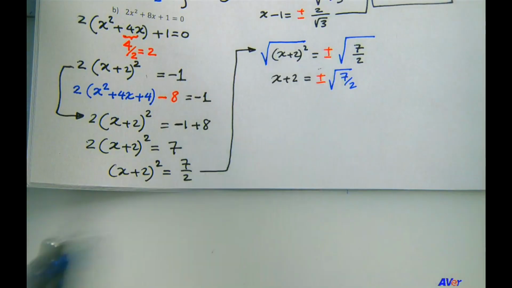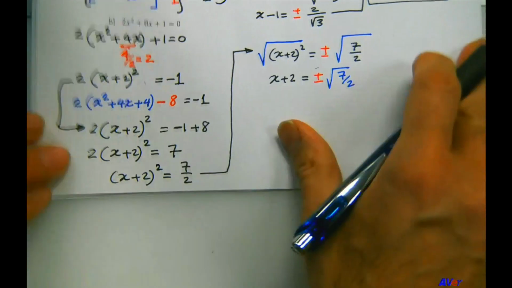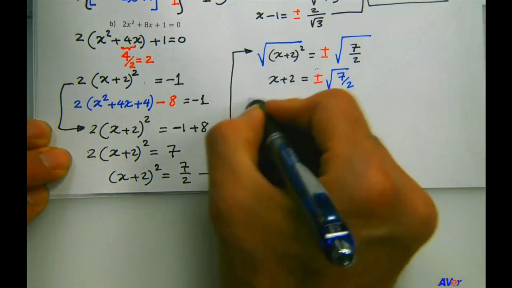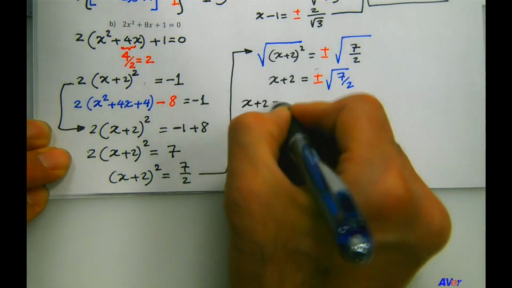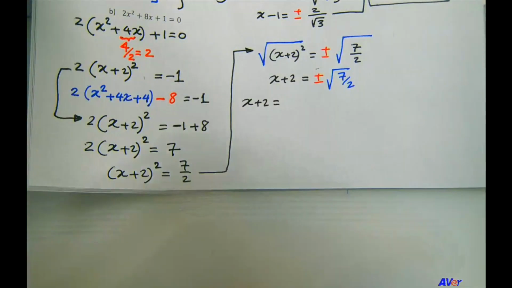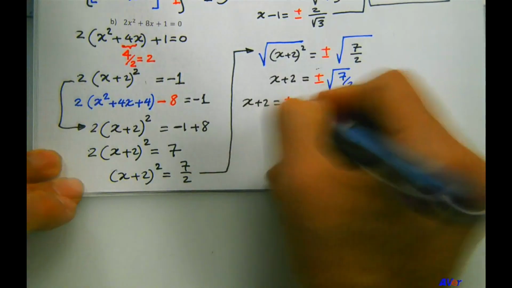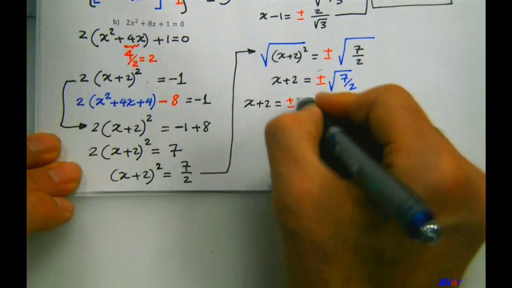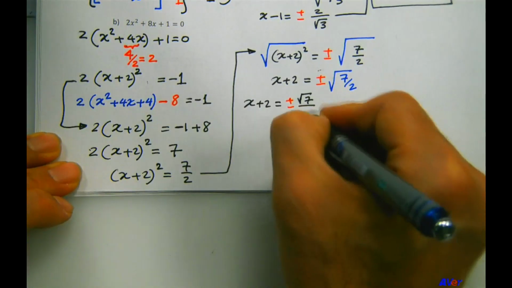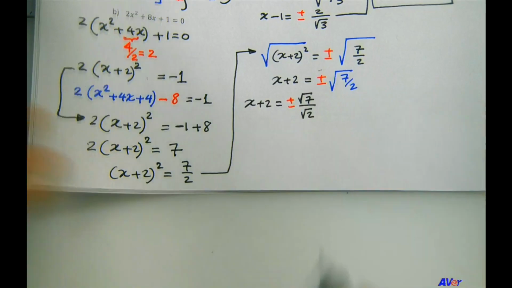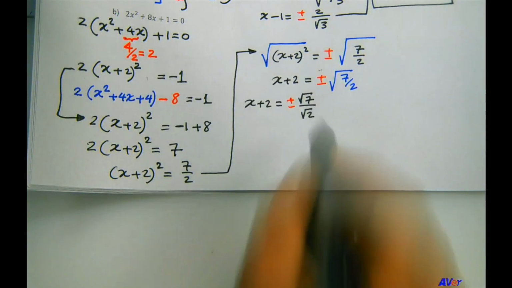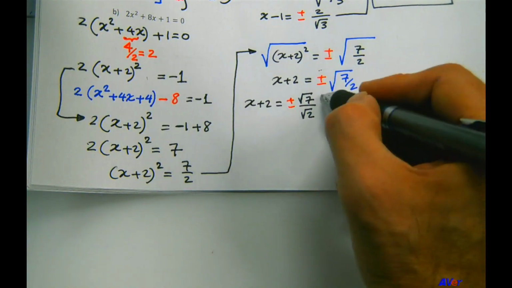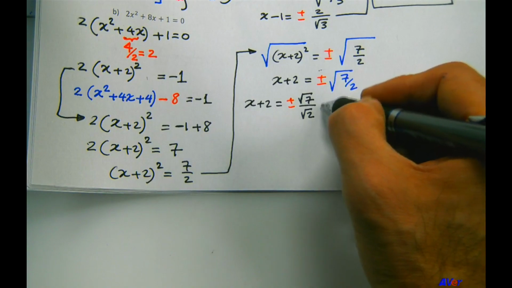So we can rationalize this if you want. Let's do that. So we end up with x plus 2 equals plus or minus square root of 7 over square root of 2. So we're going to break it up. And then we're going to rationalize this by multiplying both the numerator and denominator by square root of 2.